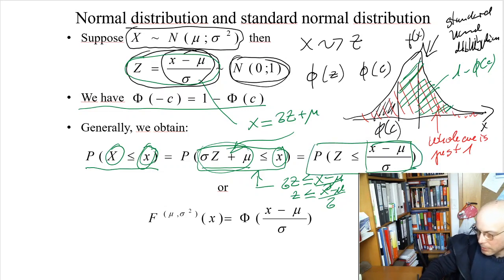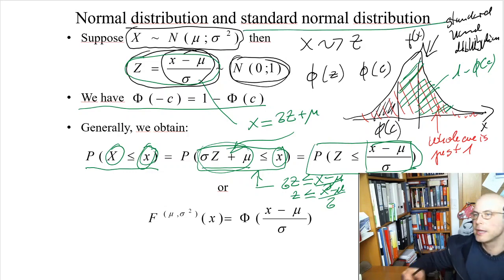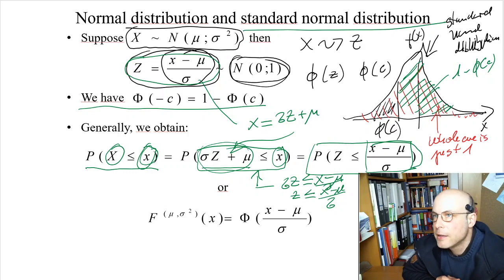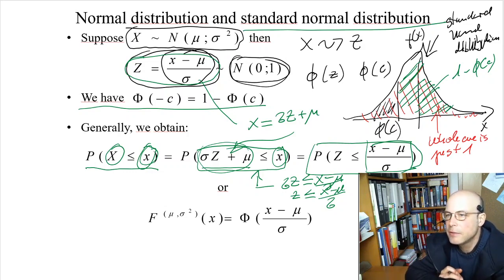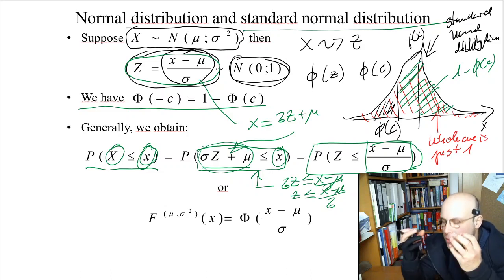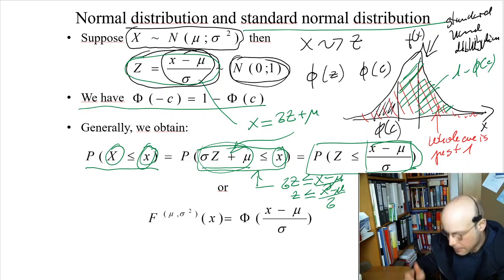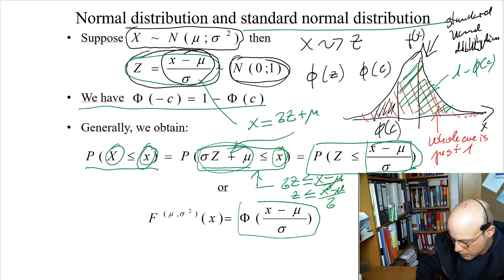And why is this important? Because now we can take the standard normal distribution, which you find tabulated everywhere, in every calculation program and so on. There you can also find specific numbers of this distribution function.